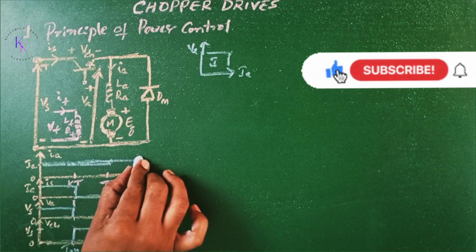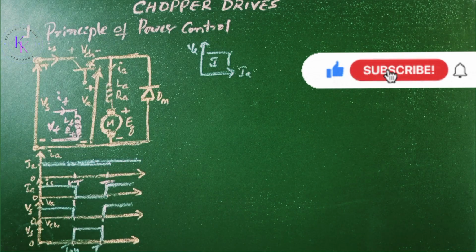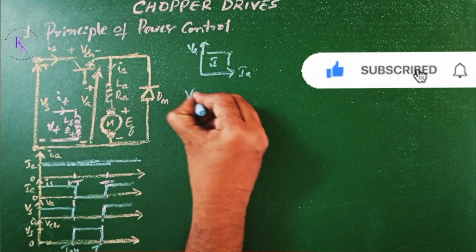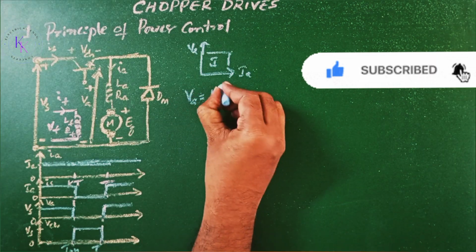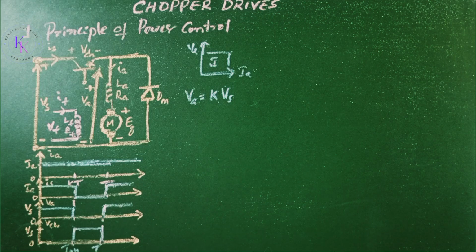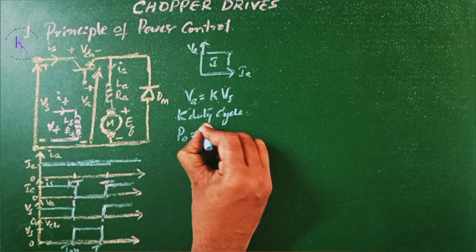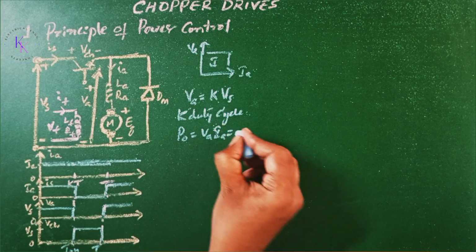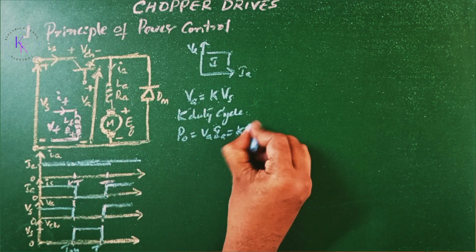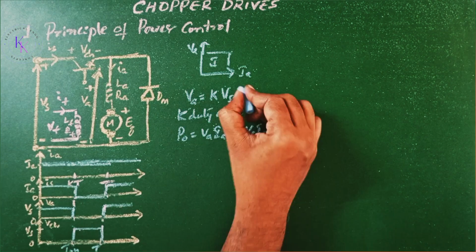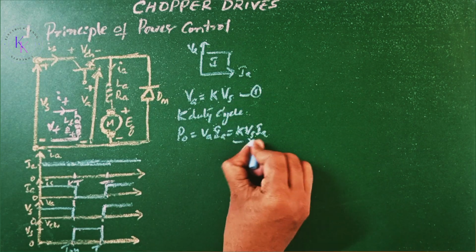The average armature voltage Va is given by k Vs, where k is the duty cycle of the chopper. The power supplied to the motor is given by P0 equals Va Ia, which equals k Vs Ia. Let it be equation 1, 2.